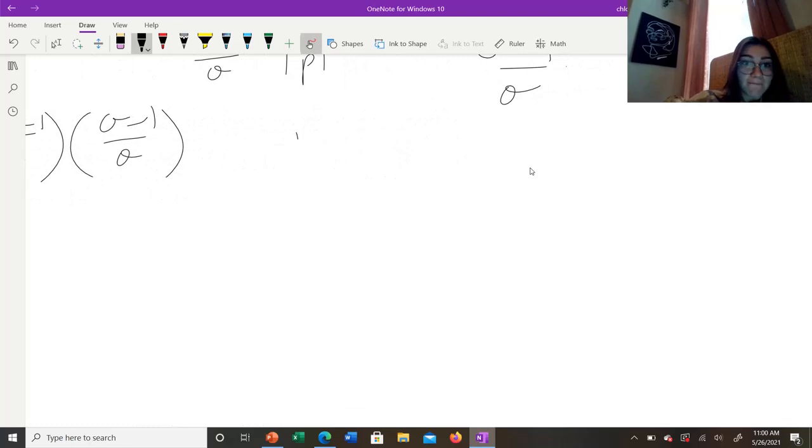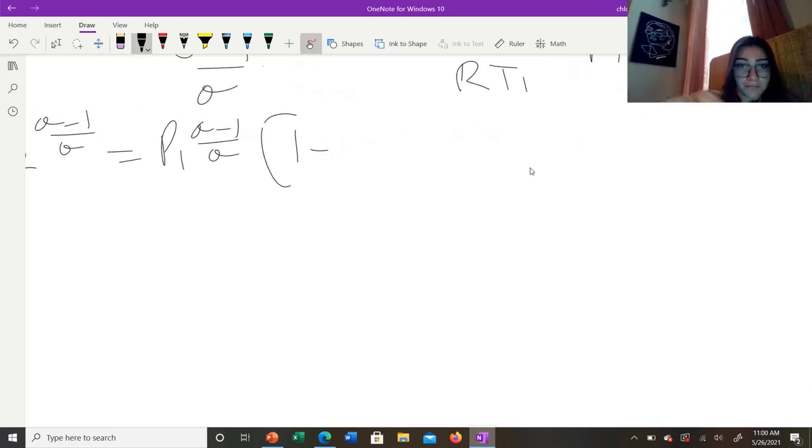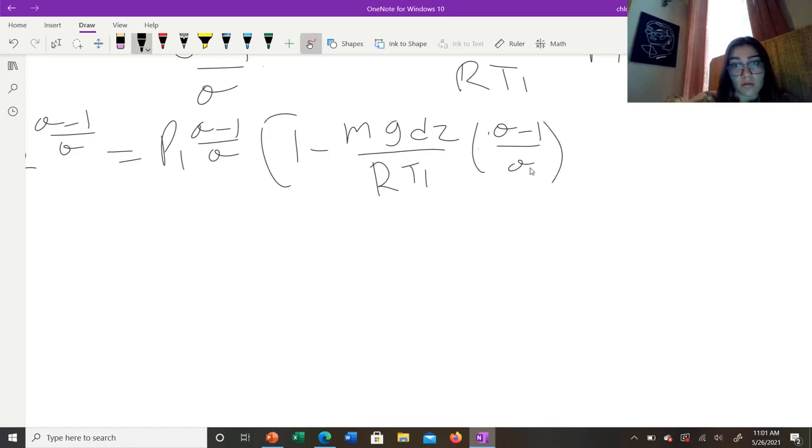So we're going to write this as P2 to the gamma minus 1 over gamma equals P1 to the gamma minus 1 over gamma times 1 minus all the same stuff, mg delta z over r T1, and then gamma minus 1 over gamma. So that is what we're working with now.